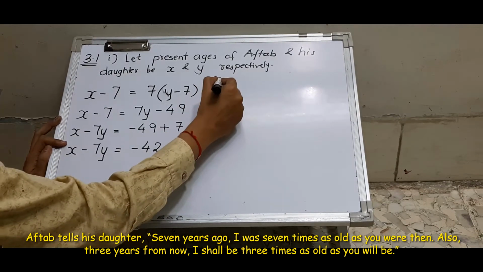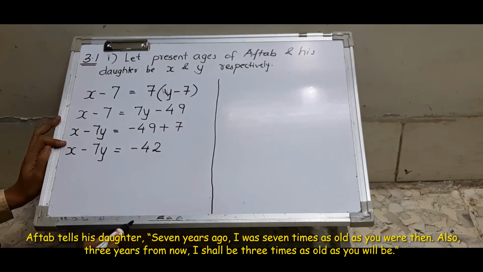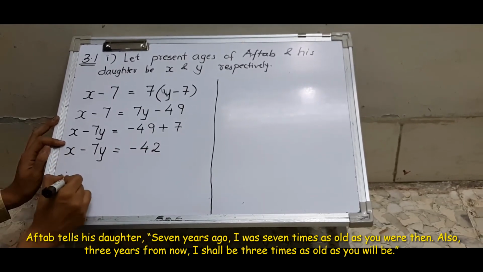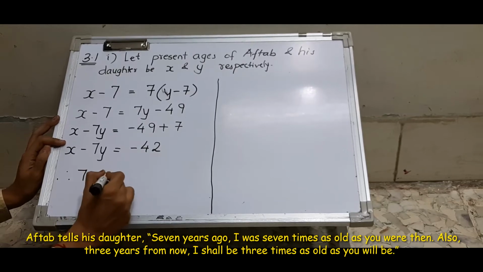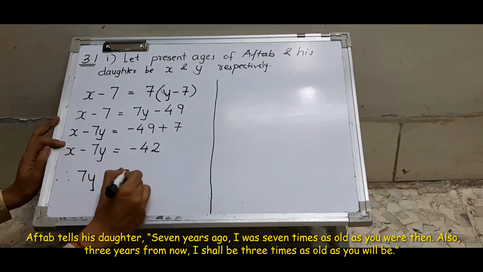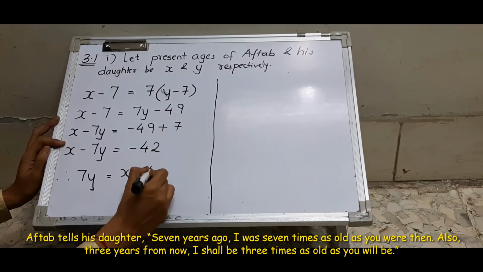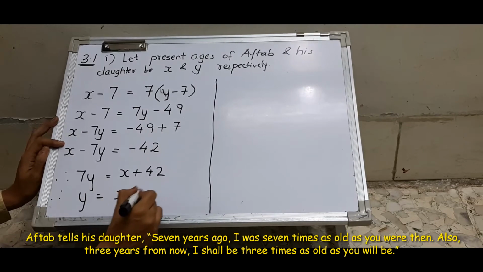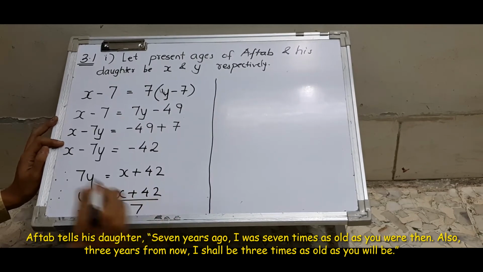Last year you have learned how to plot the points on the graph. So what I'll do, I'll find the value of y. I'll be getting 7y. I'm taking this on the right side and this 42 on the left side. So x plus 42. Therefore, my y becomes x plus 42 upon 7.